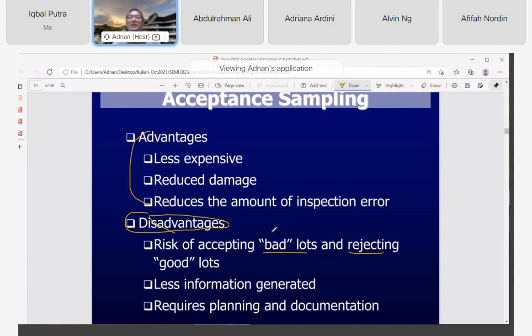We call this type 2 error, which is when you miss detecting. Type 2 error is more serious because you allow bad items to go to the customer.